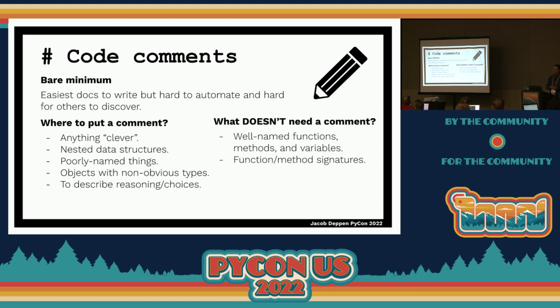Anything with a non-obvious type, that kind of goes to the same point as the nested data structures. And really, the best thing, to describe your reasoning, to describe choices you made. This is stuff that can't really be captured in your code. Why this and not something else? A lot of times when you work in a team of people, there might be some blocker to doing something some way that happens like 3 steps down the line. And so you change things back upstream a little bit, and nobody else knows why it's in some really complicated form.